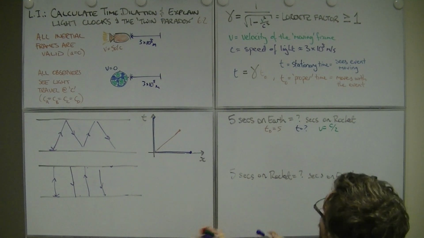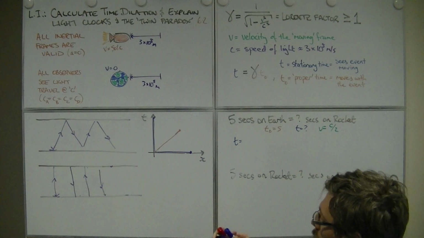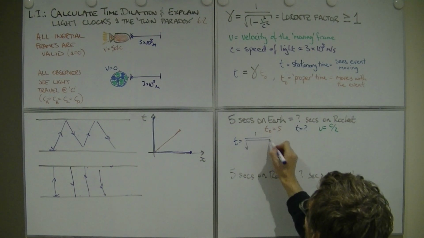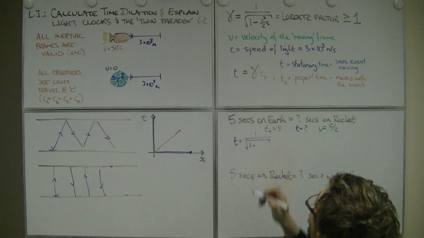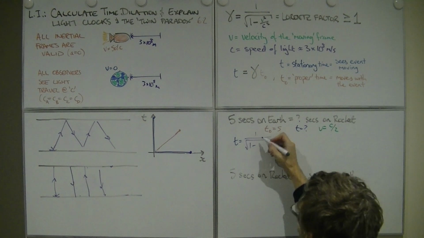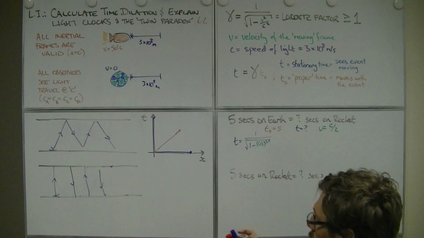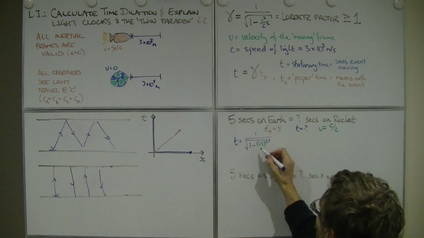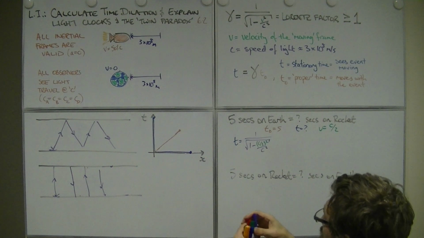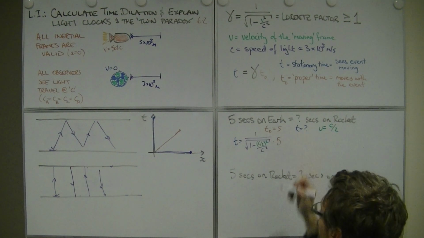Okay, so we've got t equals gamma, which is 1 over root 1 minus v squared, which was all of this guy, c divided by 2 squared over c squared, multiplied by t0, which was 5.